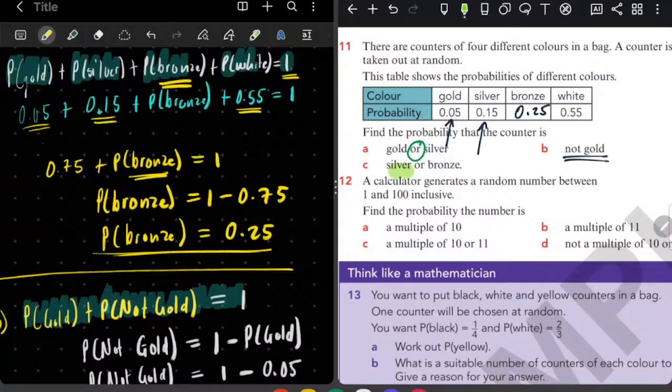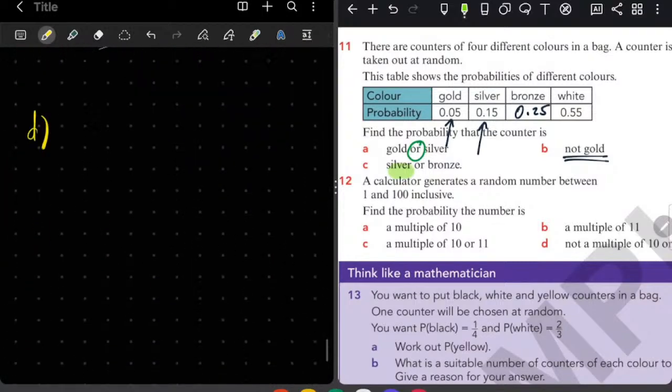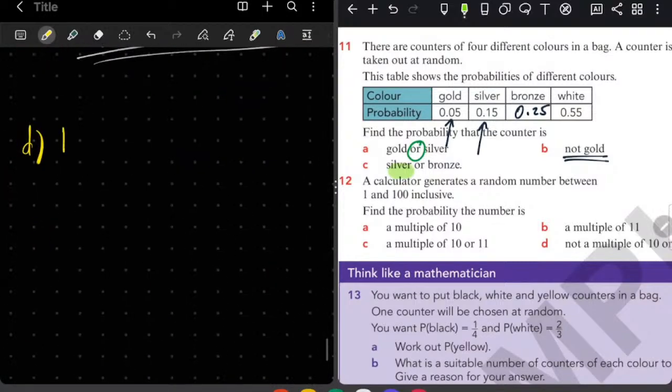It will subtract. Then you get 0.25. So you now have probability of bronze. So now you write probability of silver or bronze. This is going to be equal to probability of silver plus probability of bronze.